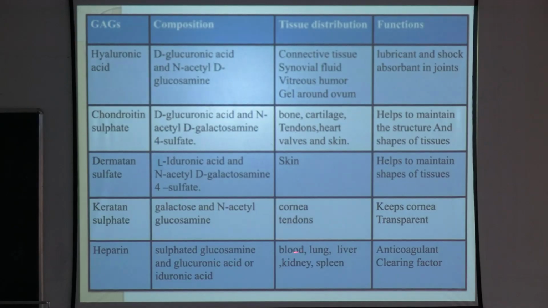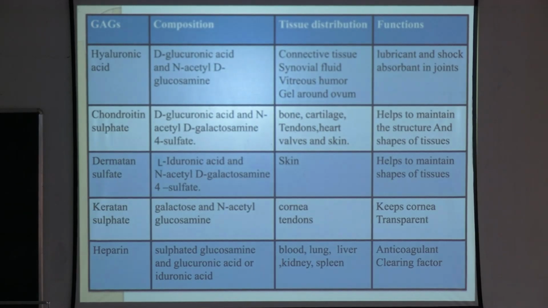Both are found in these organs, but heparin is found in a special intracellular part, that is in mast cells, and heparin helps in anticoagulation also. Hyaluronic acid is found in all other connective tissues, synovial fluid, vitreous humor, and most importantly, the gel around the ovum contains hyaluronic acid.